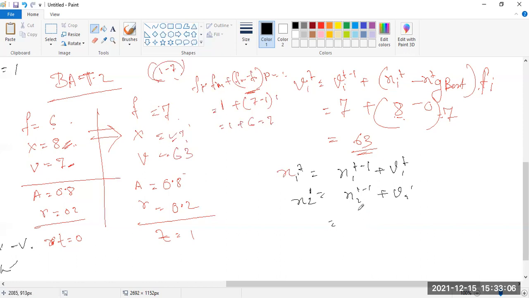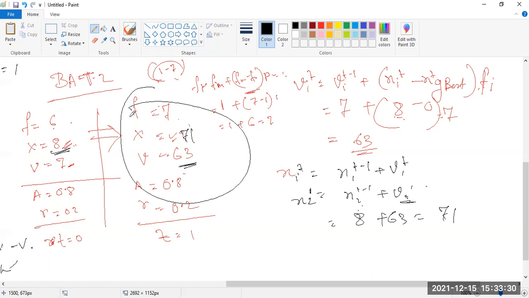What will be the value of the x0? X0 value is the 8. So put this 8. V2 means for the bat 2, and i for this is the 1. So we have to put 63, i for 1. So 63, it will come 71. Just update it, it is 71. So we got this items.